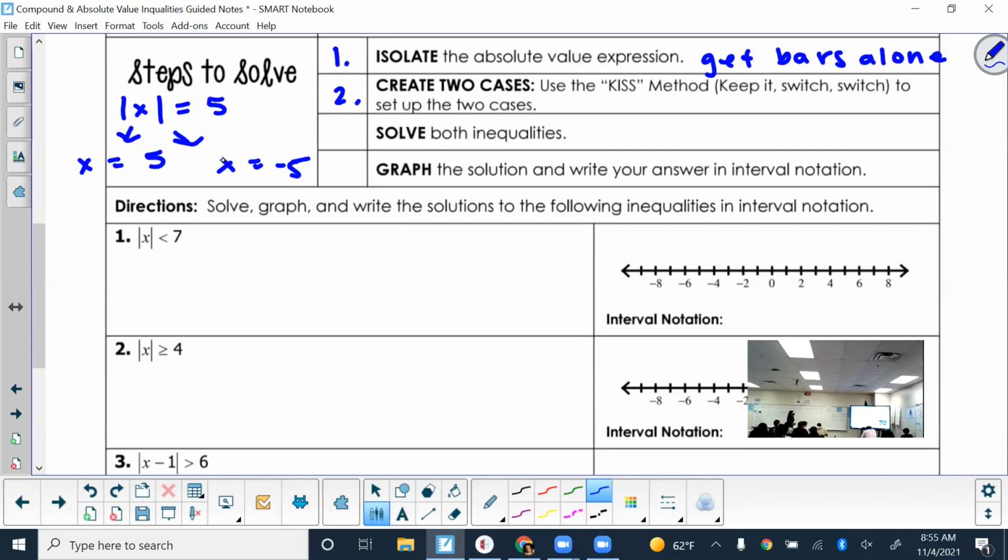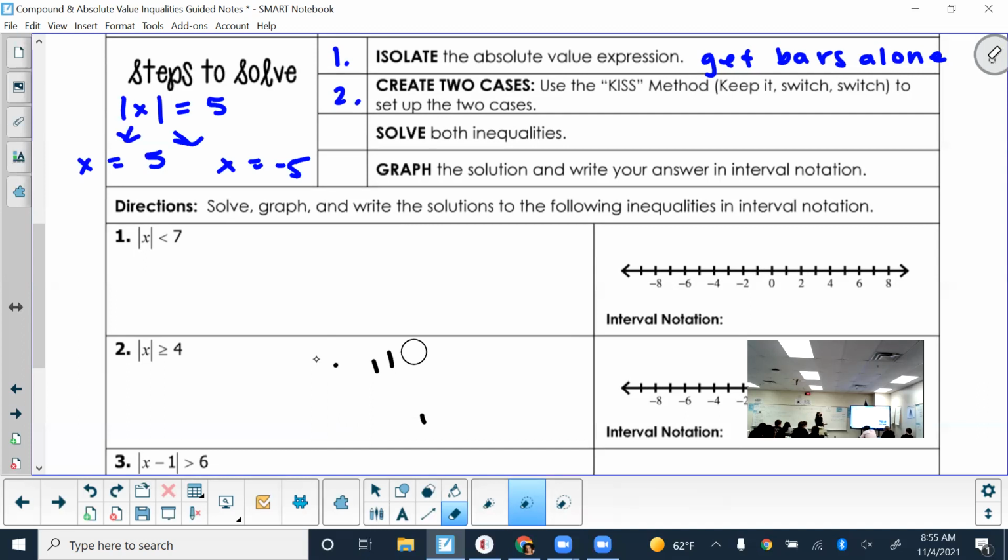The only errors I see with kids thinking that way is if they see stuff in the absolute value bars, and don't write this down. Like in number 3, it's x minus 1. They think, oh, well, absolute value bars make stuff inside positive, so really it's x plus 1. All right, no. It has to be a single number in there before you decide to make that number positive.